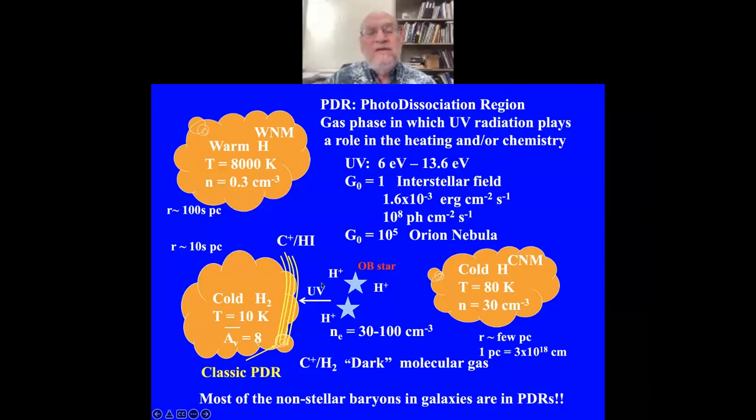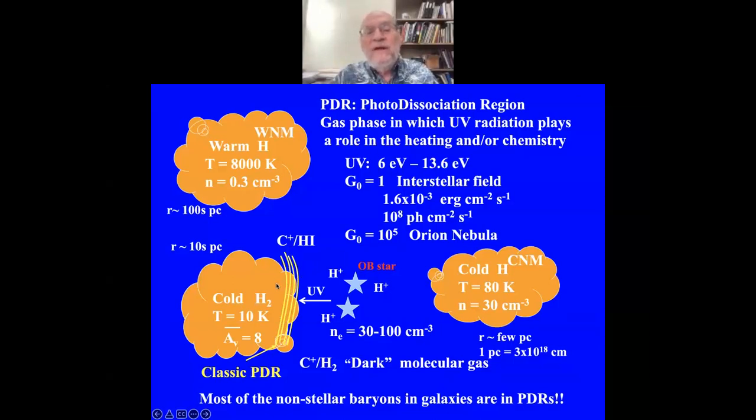So where do we find these things? One place is where O and B stars shine on nearby molecular clouds. So we have an H II region surrounding the O and B stars, and the UV radiation that escapes from the H II region illuminates this nearby cloud, and that creates a PDR. Sometimes this is called a classic PDR. At the very surface, we have C+ H I gas.